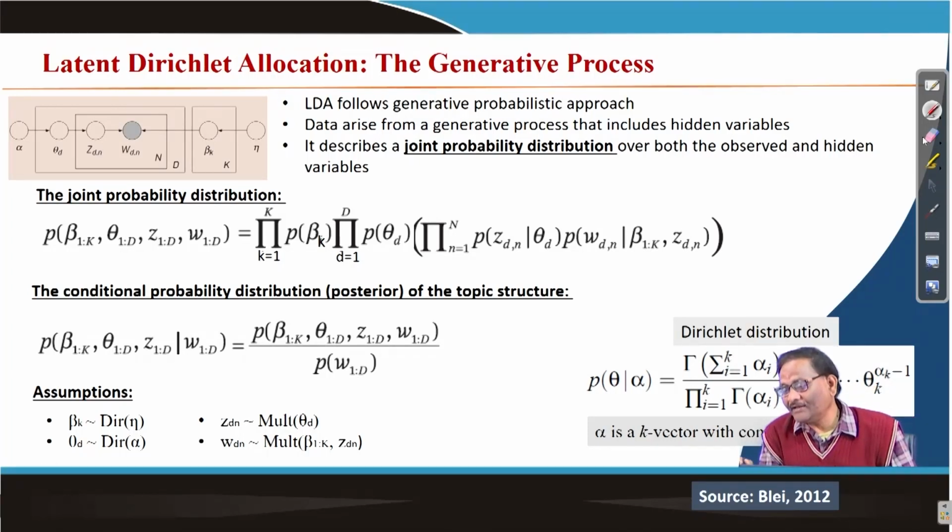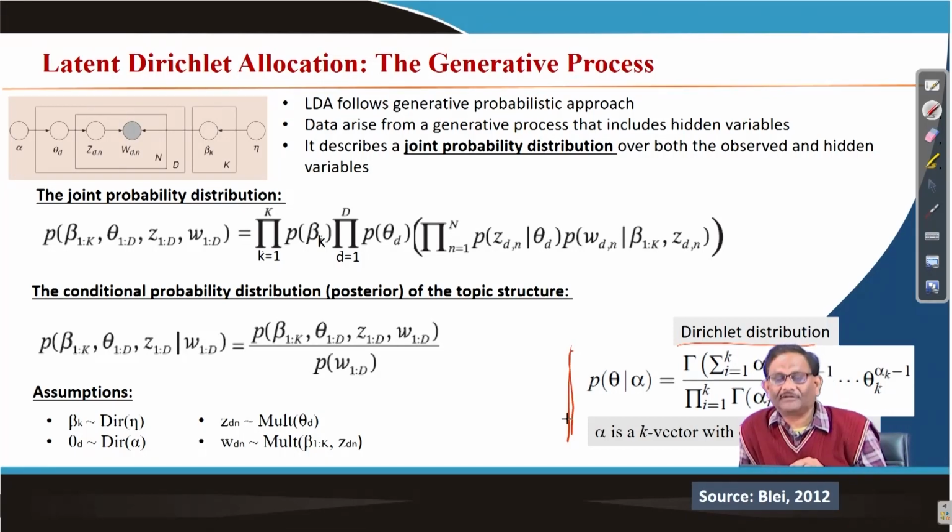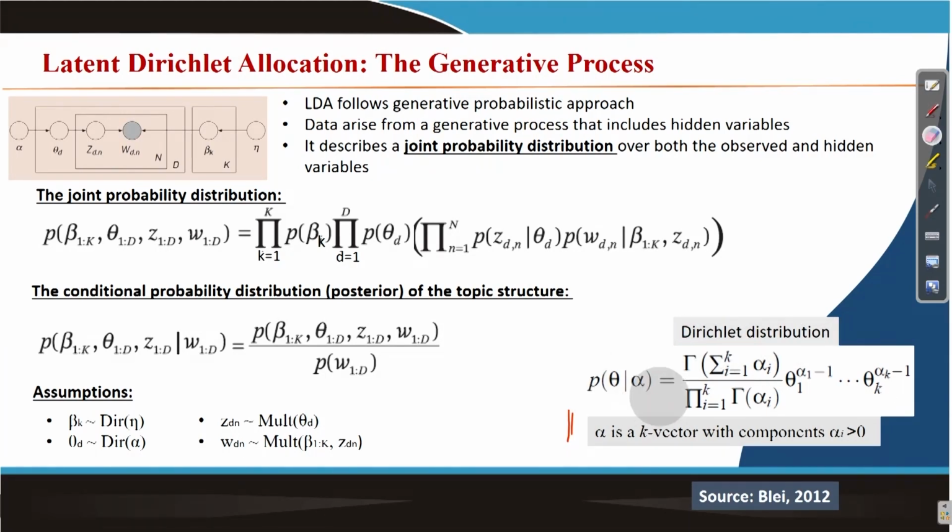I have written on the right-hand side what the Dirichlet distribution is, but it is not a simple distribution. It has many parameters together, and alpha is the parameter of the distribution. When we talk about theta d, it is coming from the Dirichlet distribution. I will not go further into the Dirichlet distribution because of its complexity.